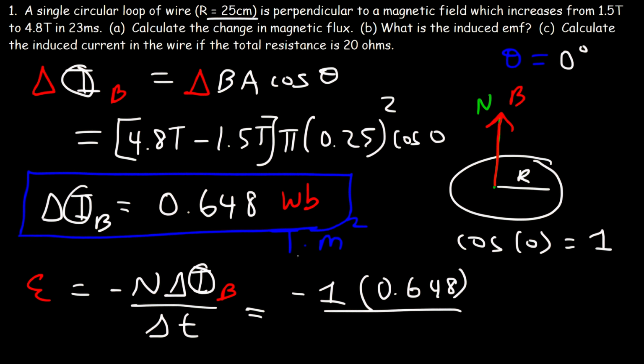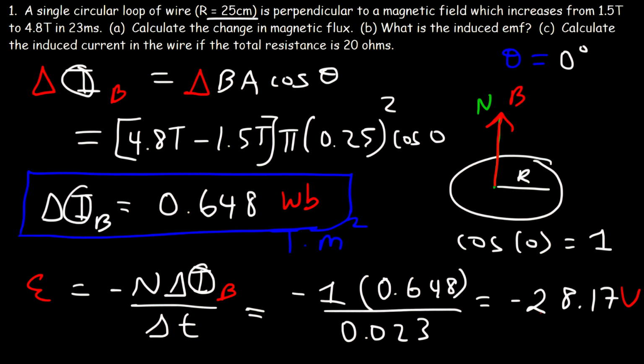So that's delta t. But we need to convert milliseconds into seconds. We could do so by dividing by 1,000. 23 divided by 1,000 is 0.023. So 0.648 divided by 0.023, that's about 28.17 volts. So that's the induced EMF.